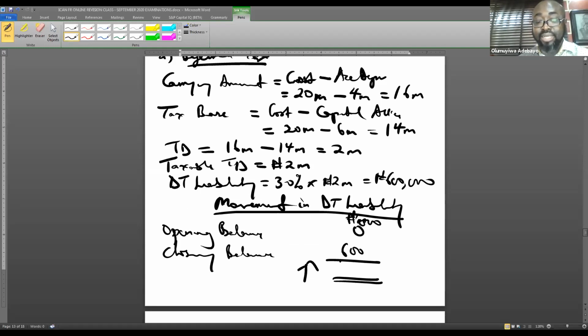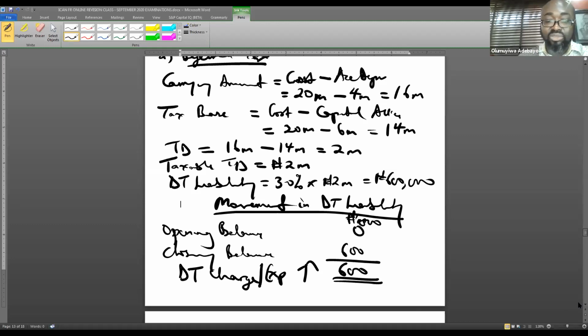Of how much? 600. An increase in liability is a deferred tax charge. That is an expense. If it's a decrease in liability, is an income or credit. Remember the initial example we did, which means my deferred tax charge to revenue is 600,000 naira.